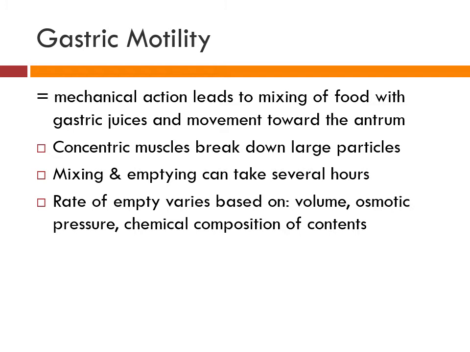The concentric muscles are working to break down those large particles, and this whole mixing and emptying can take several hours. So when you eat lunch, the food that you ate for breakfast is just starting to move into the small intestine. The rate of emptying of the stomach varies on the volume of food that you ate, the osmotic pressure of the food that you ate, and the chemical composition of the contents.